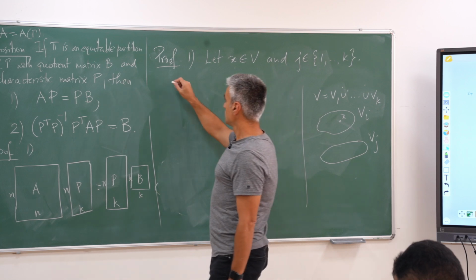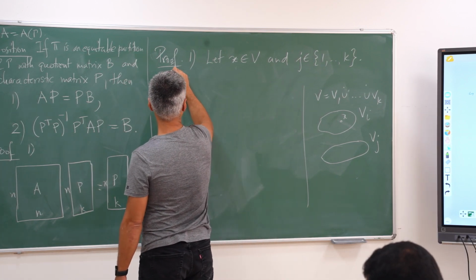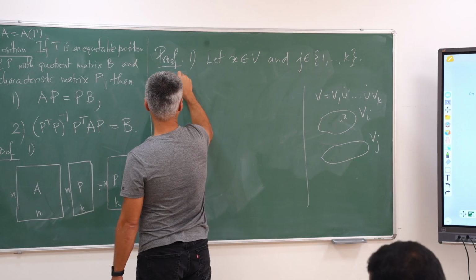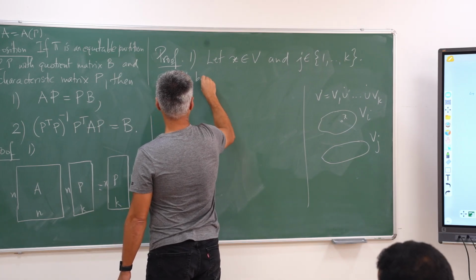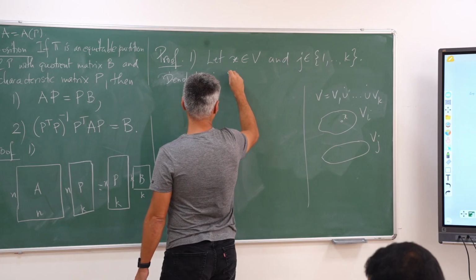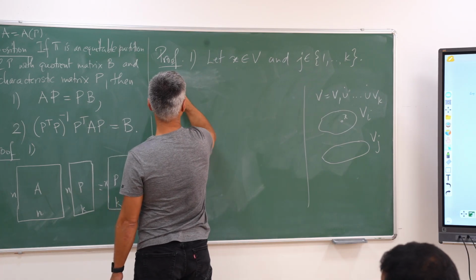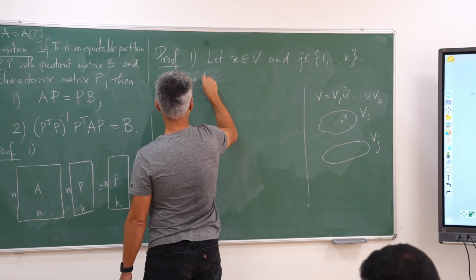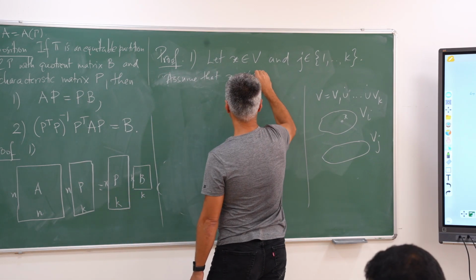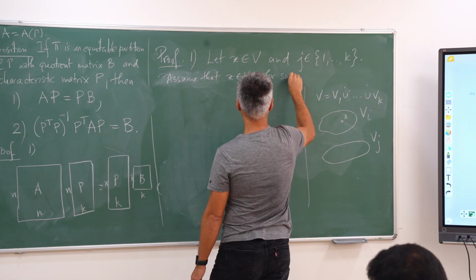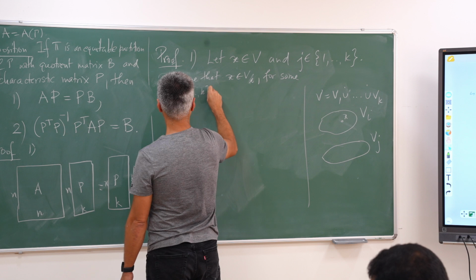Okay, so we'll assume that X belongs to Vi for some i in the set 1 to k.